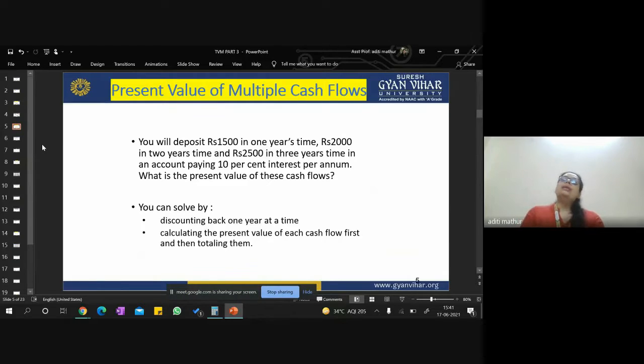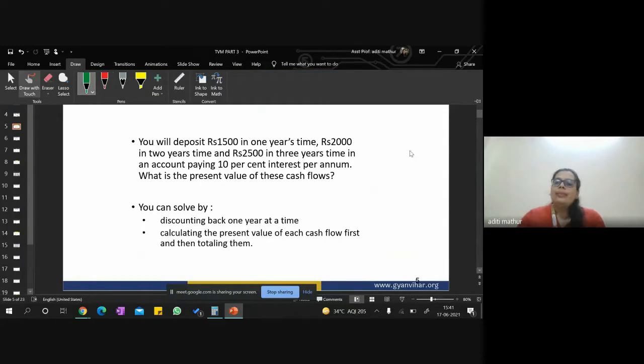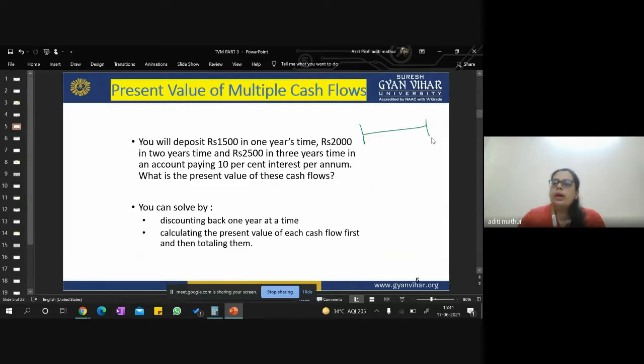So what is the present value of these different cash flows? As I have already told you, whenever we move back in time, we do discounting. When we move ahead, we do compounding, but when we move backwards, it is discounting.